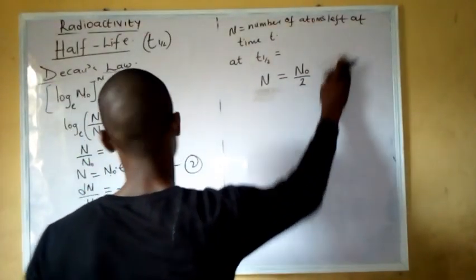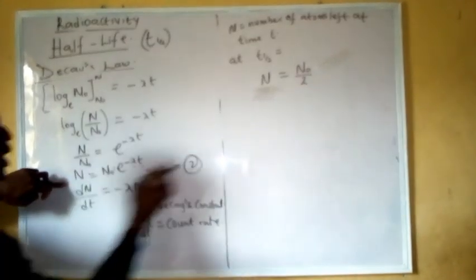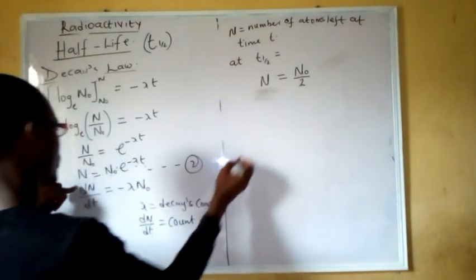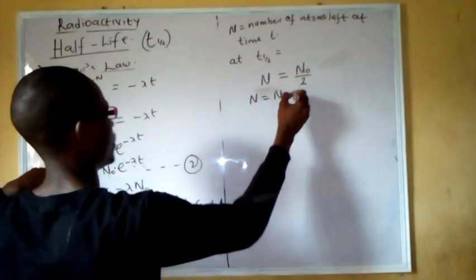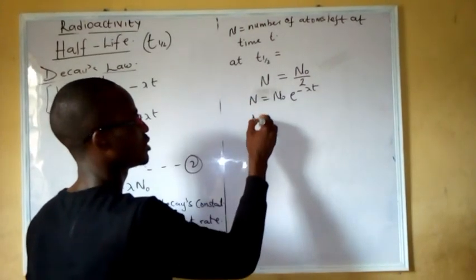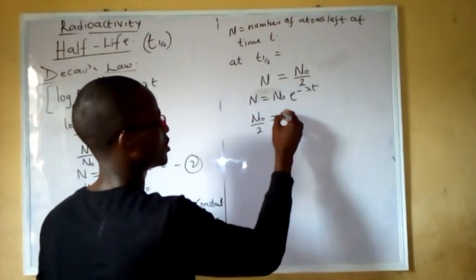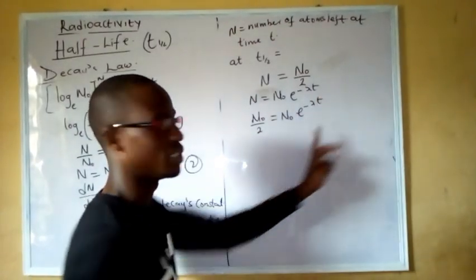So from there, we can slot that into this formula and have n equals n naught over 2. Don't forget we have n equals n naught exponential minus lambda t. So this becomes n naught over 2 equals n naught e raised to power minus lambda t.